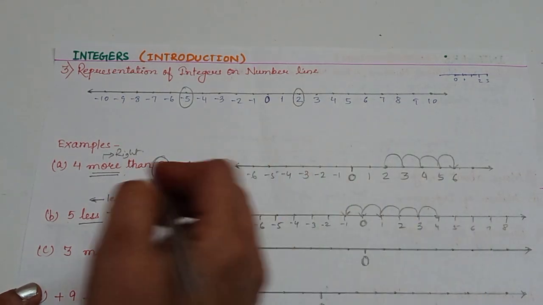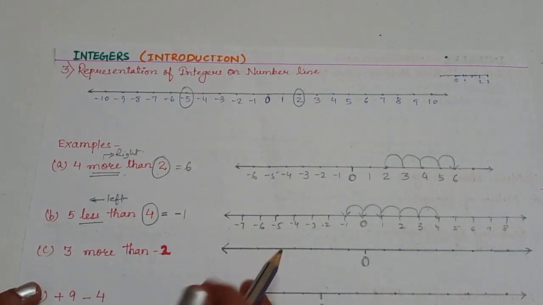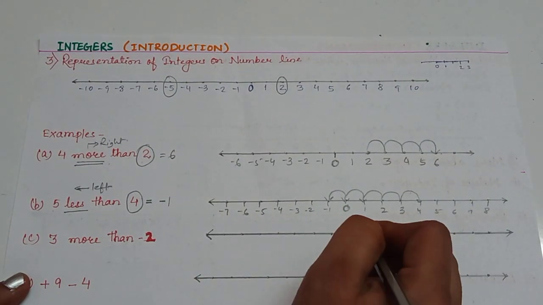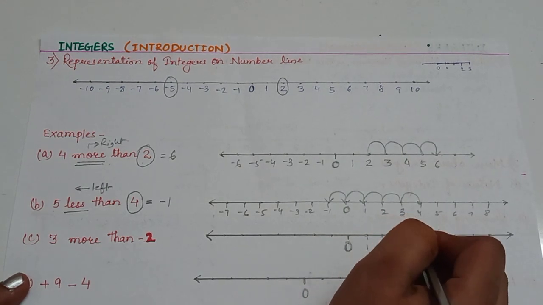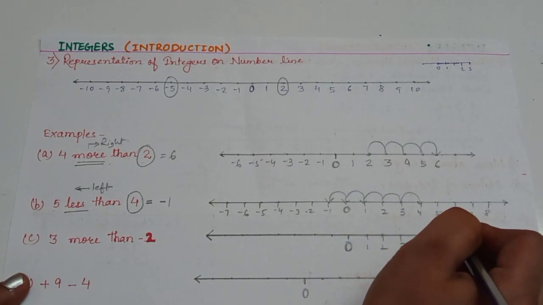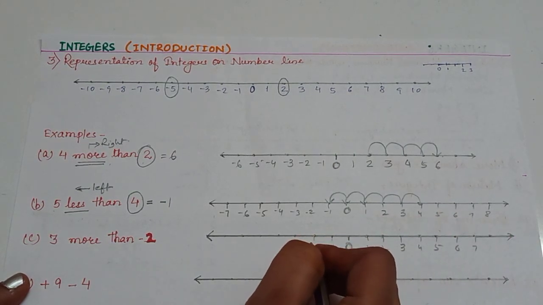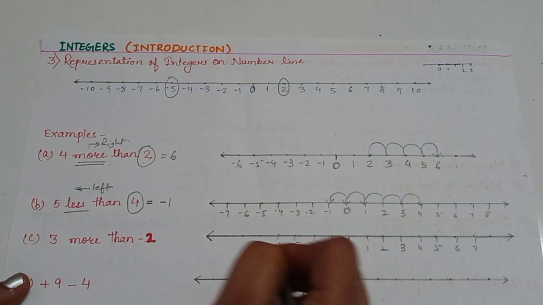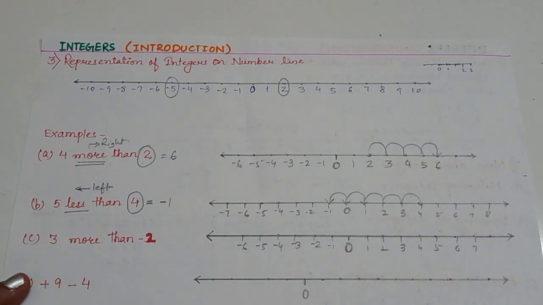Whenever it is given more, we have to move to the right. Whenever it is given less, we have to move to the left. Now it is given 3 more than -2. First let us plot. It is 0 here. 1, 2, 3, 4, 5, 6, 7. And over here -1, -2, -3, -4, -5, -6, like this.